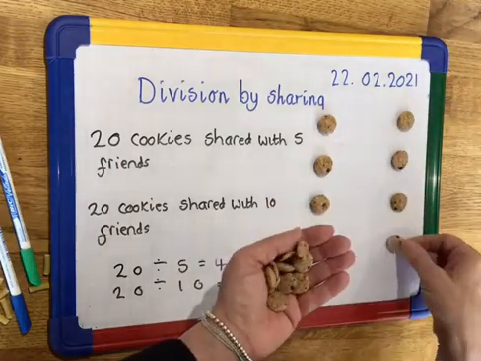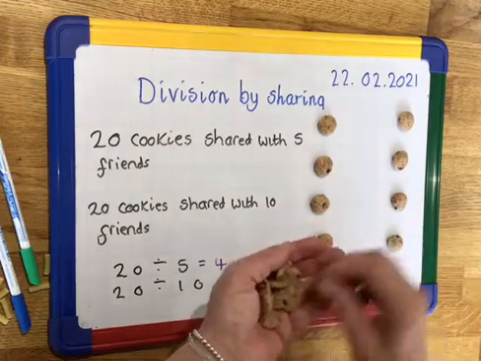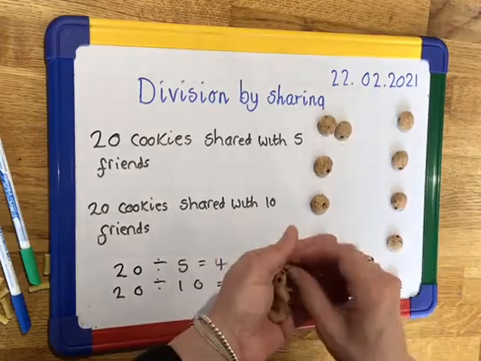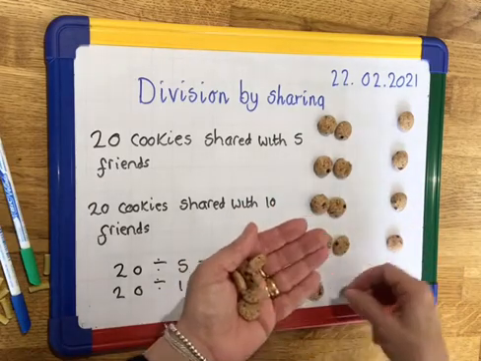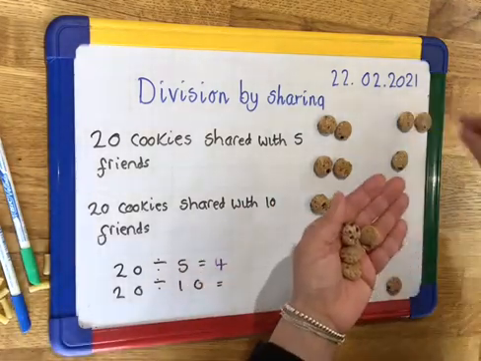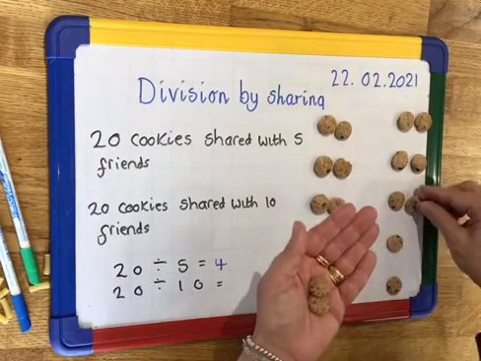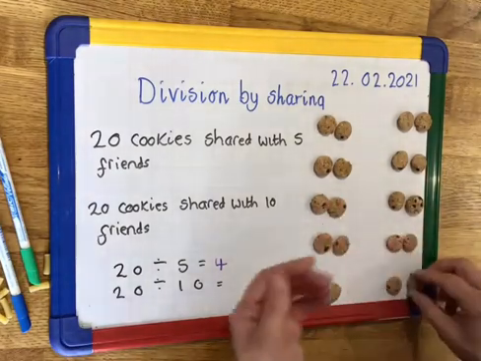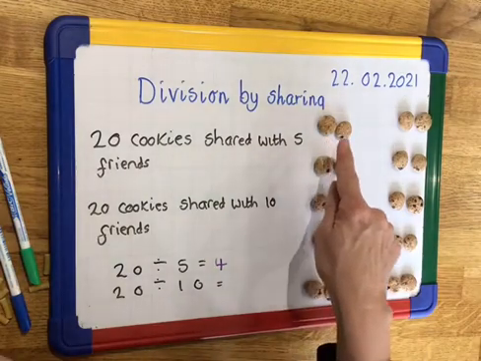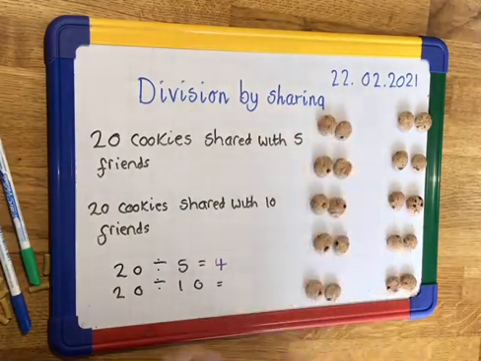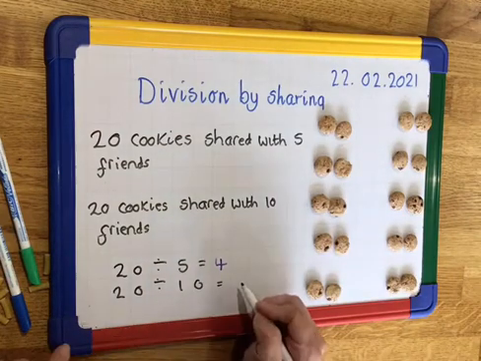There's my 10 groups. Let's put them together. Same method of 1 in each group until I've used them all up, and we've all got the same number in each group. Can you see, children, that 20 divided by 10 is going to give me 2 each?